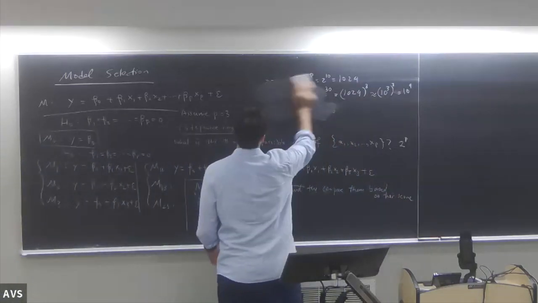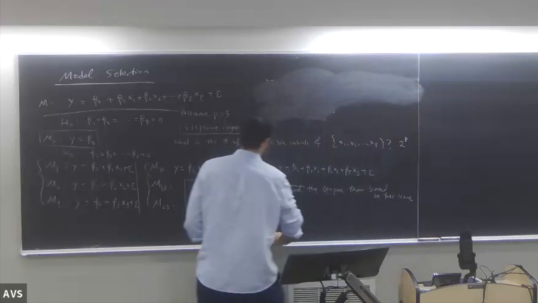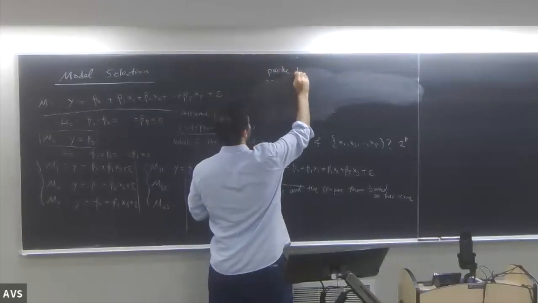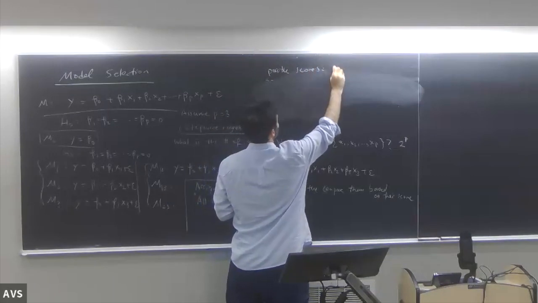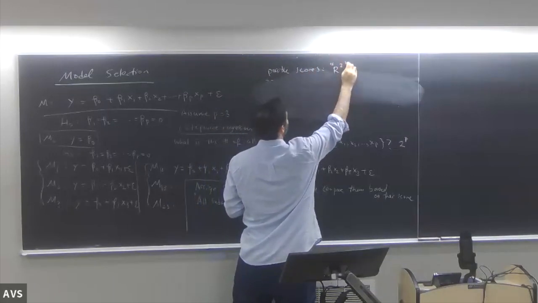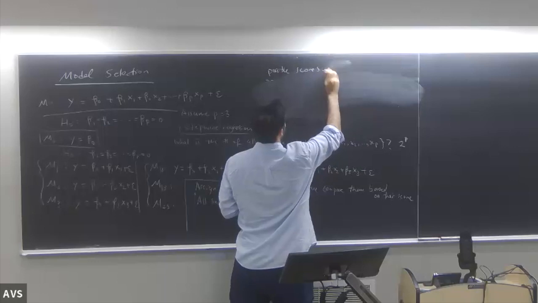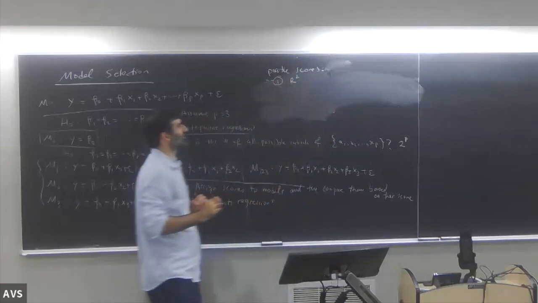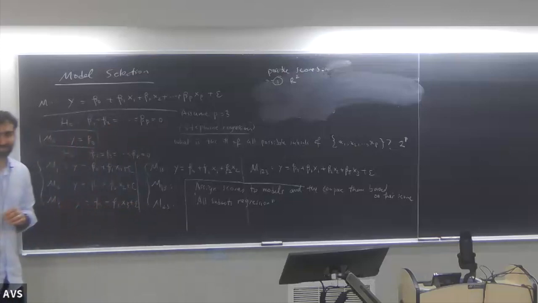So, R squared. Now, does anyone have any objections to R squared as a score for comparing models? Overfitting, I think.